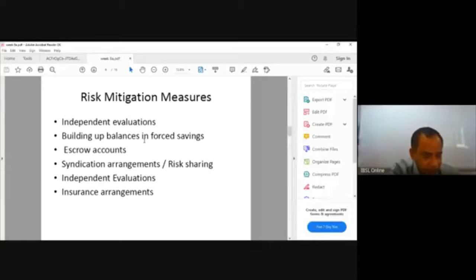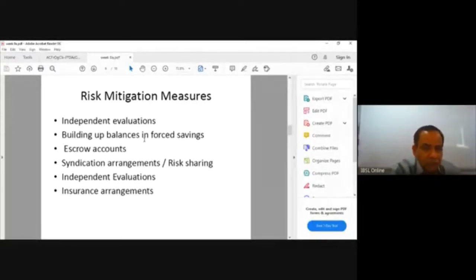That is done. Over and above, branch managers, lending officers or RMs are also asked to give their opinion in the proposal on whether this is acceptable, because sometimes it may happen that when you go for an independent valuer, the customer may influence the valuer.